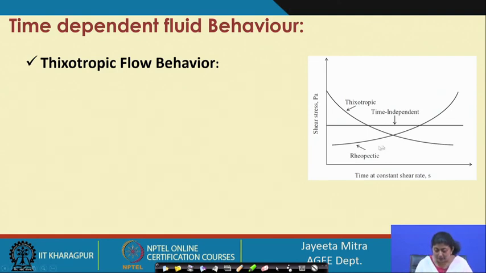And there is another flow behavior where we are getting just the reverse trend, that at constant shear rate, with increase in time, the shear stress is increasing. Okay. However, for a time independent fluid like a Newtonian fluid, we are getting a constant shear stress with respect to time for a constant shear.